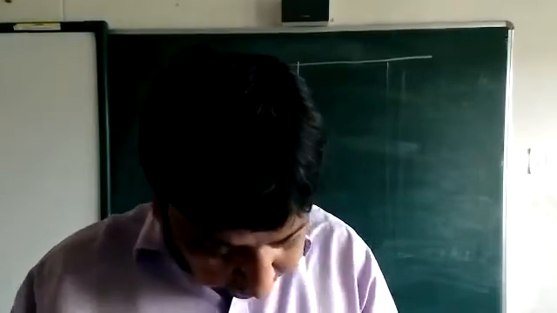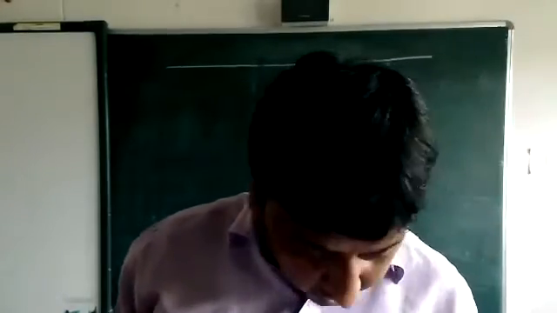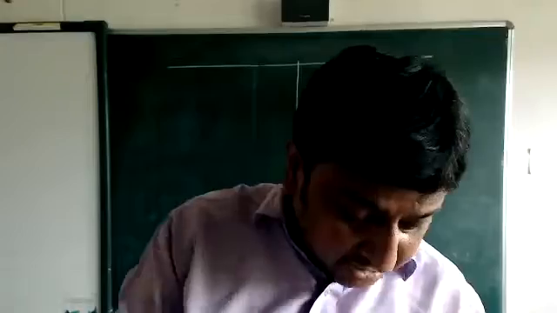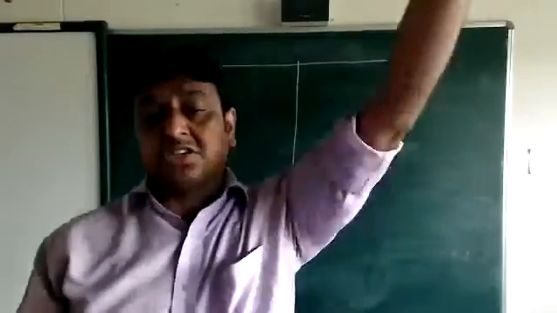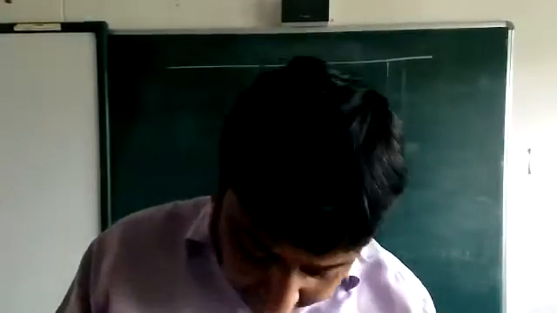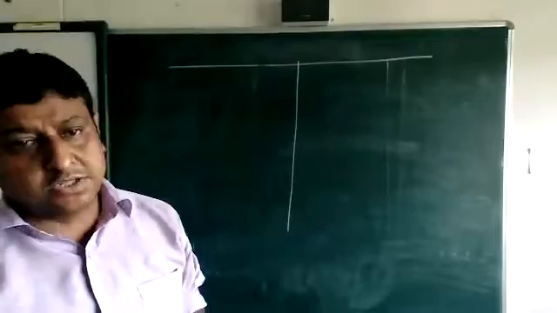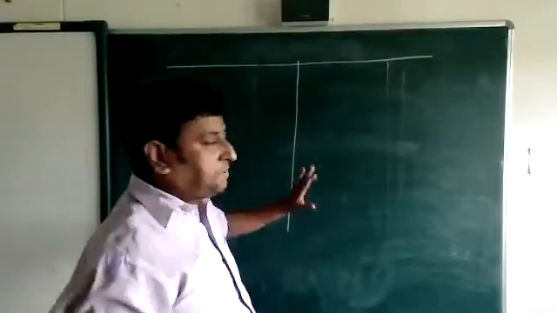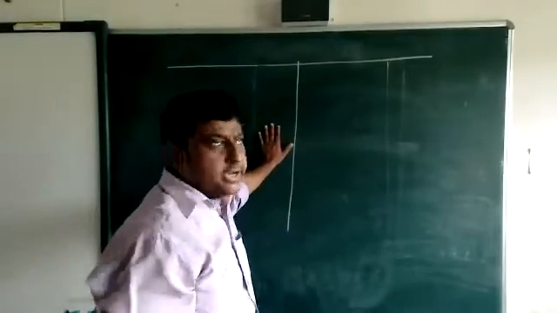Okay, beta. Just see the question number 24. No, 24 is not. It's an additional. See the question number 16. Open the T-shape account for machinery. See, open the T-shape. Okay.